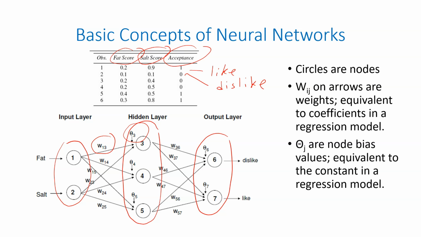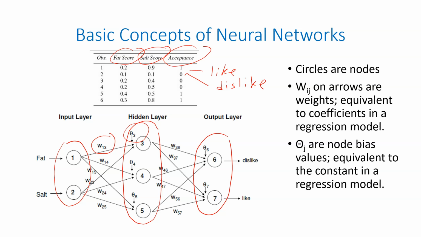Theta 3 refers to the bias for node 3, and theta 4 is the bias for node 4. A mathematical formula is used to generate the values for nodes in the latter layers based on the values of the nodes of the prior layer, weights, and the node biases.